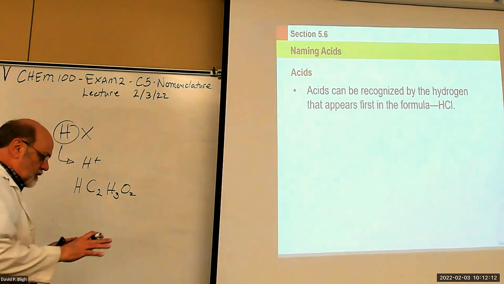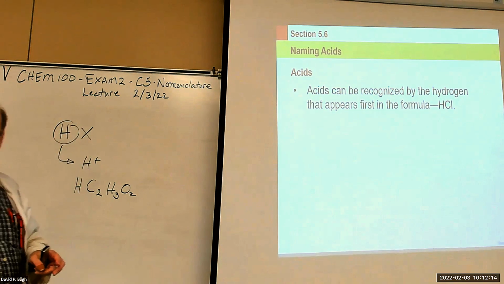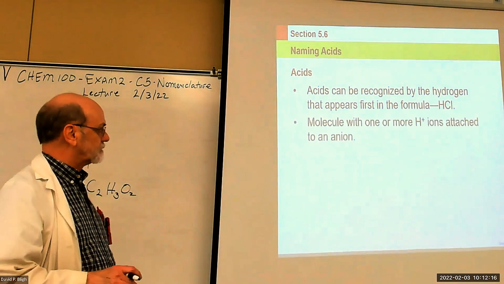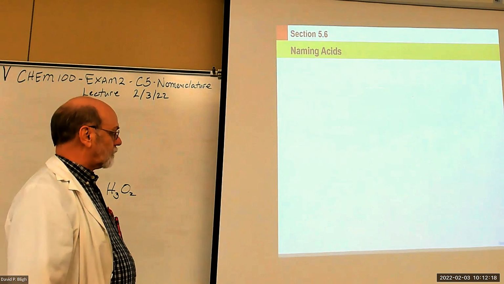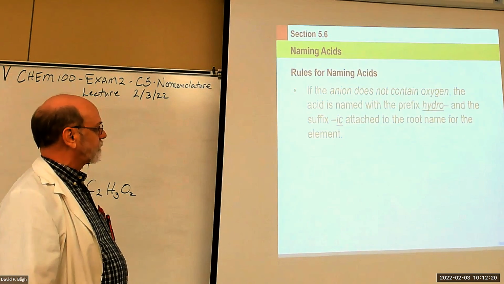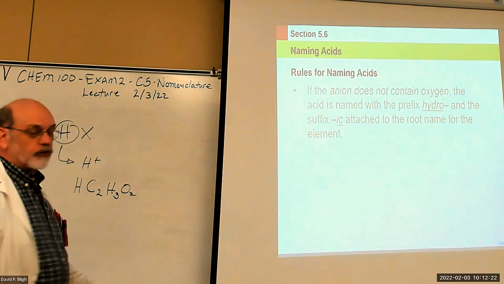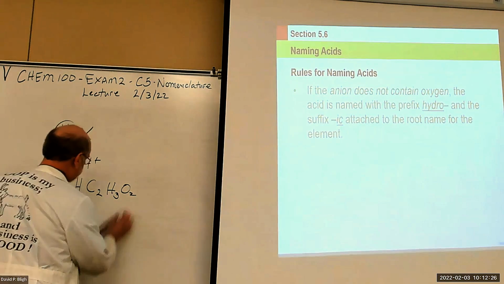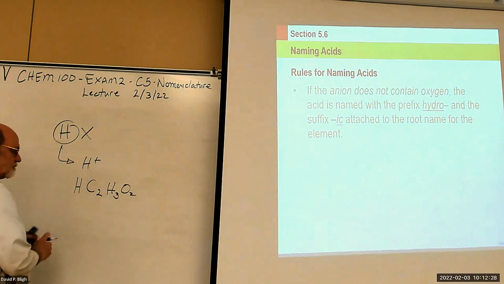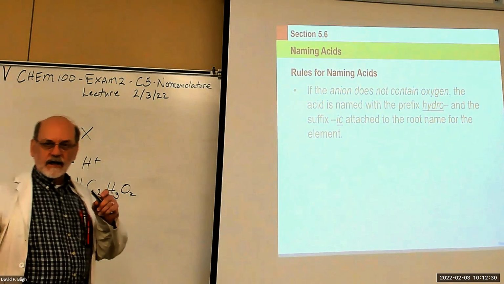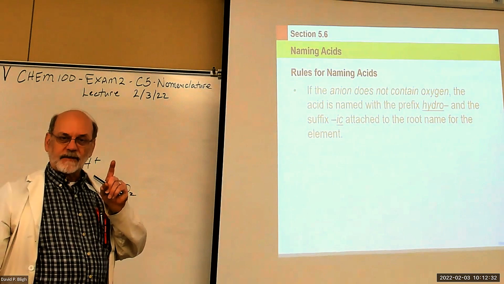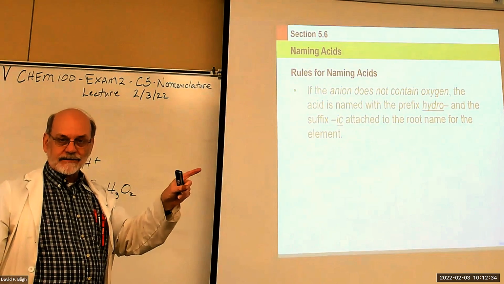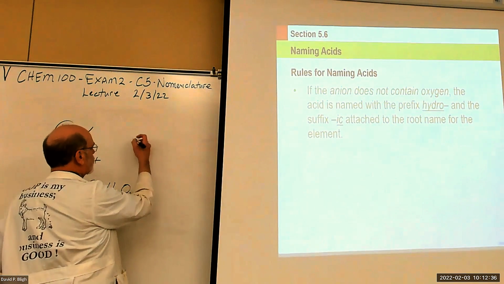Okay. Now that we know how to recognize an acid, we need rules for naming acids. The first rule is, don't look at the hydrogen. Look at the anion. Look at the other part of the molecule.